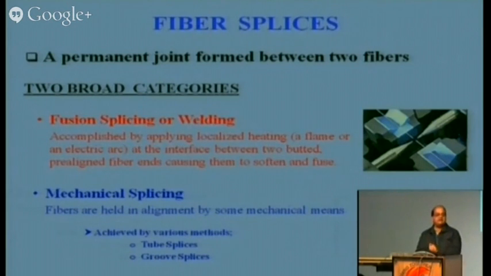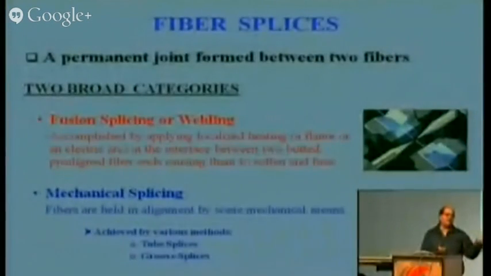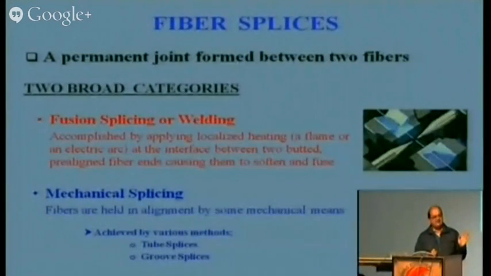These machines are high cost instruments. A splicing machine may cost 4, 5 or even 10 lakh depending upon the features; in general, around 4 to 5 lakhs. So they may not be available all the time. For example, the Punjab telecommunication circle starts from Ambala and goes up to Pathankot and Gurdaspur.